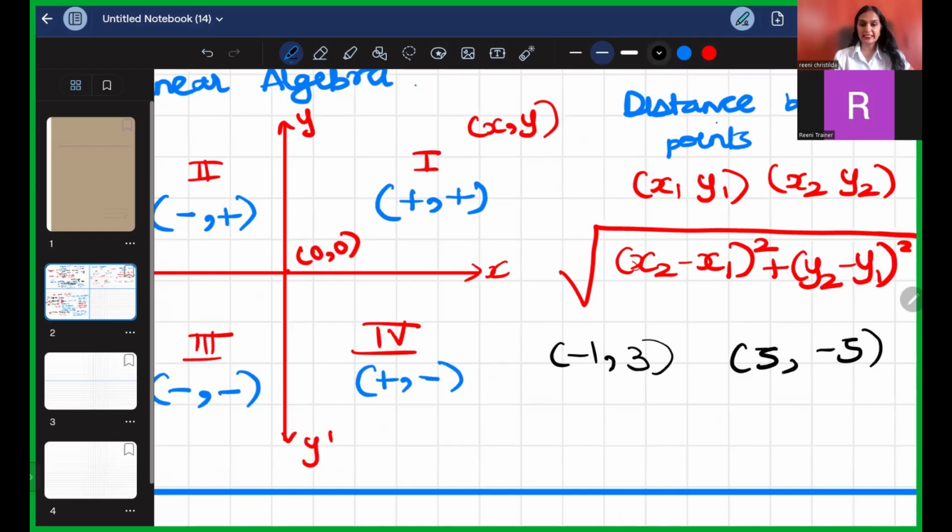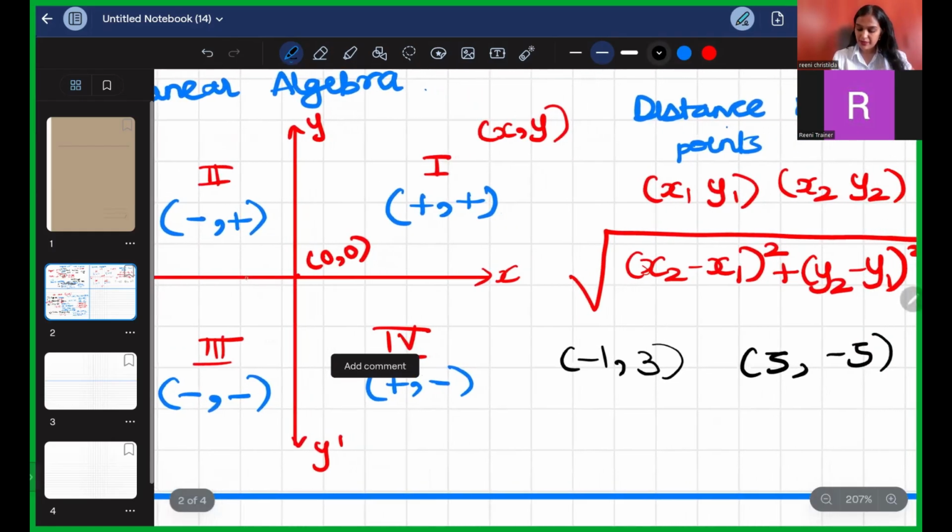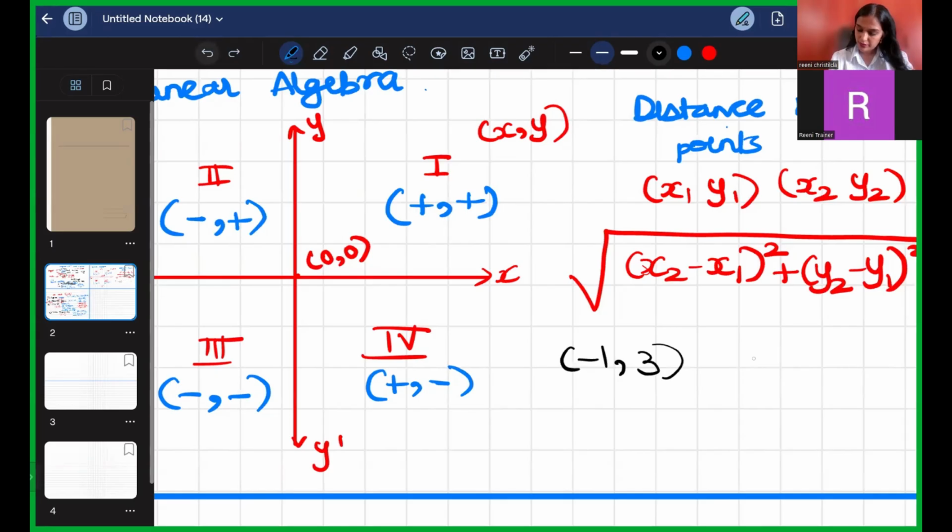Now, if I have to plot it in the xy plane, minus 1 comma 3 will be somewhere here and 11 comma 8 will be here. The 2 points are here.